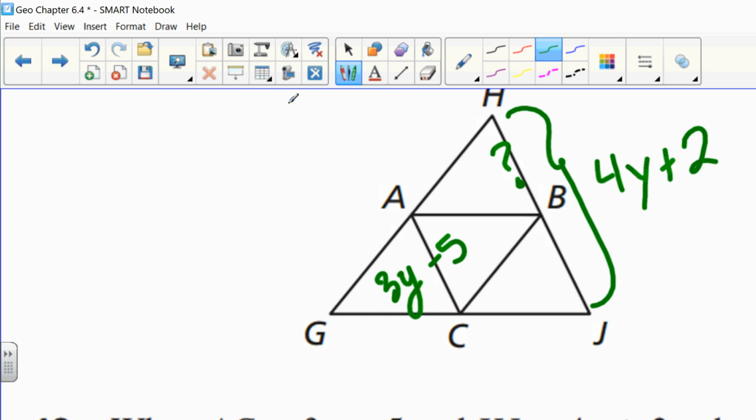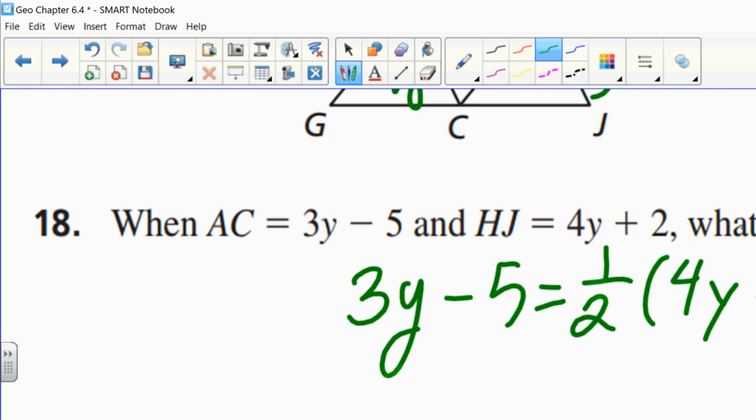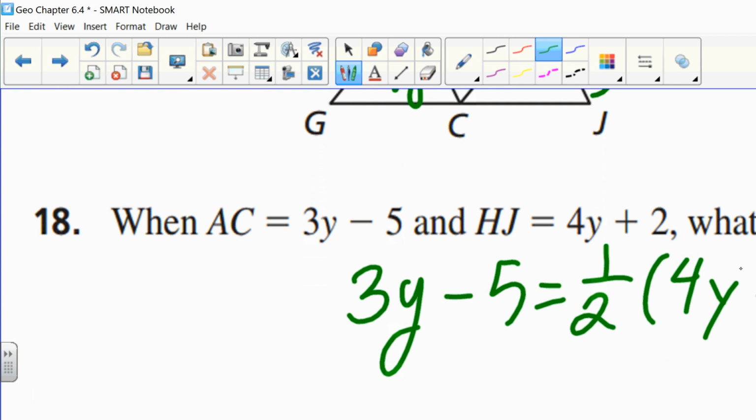Because, yes? And luckily, the bigger side here, HJ, is 4y and 2. They're both even values. We can divide by 2 nicely.